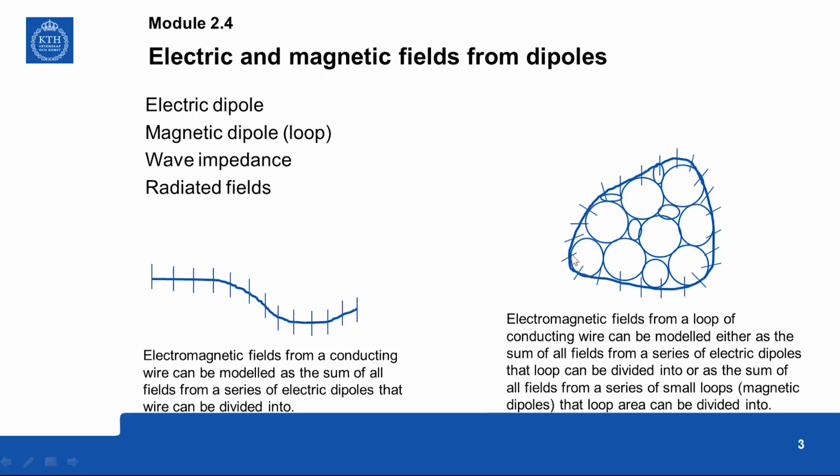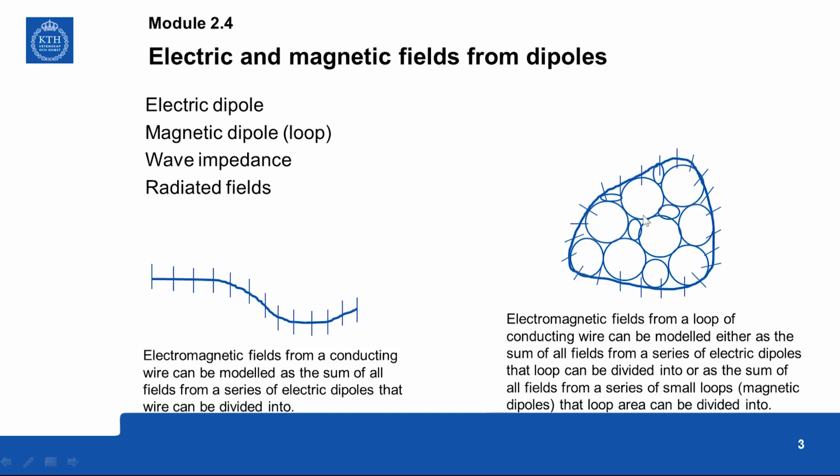So here we have two possibilities. One possibility is that you can divide this wire, as we did before, into very small dipoles, find the electric and magnetic fields from each of these dipoles at a point where we are interested in finding the fields, then sum it up.